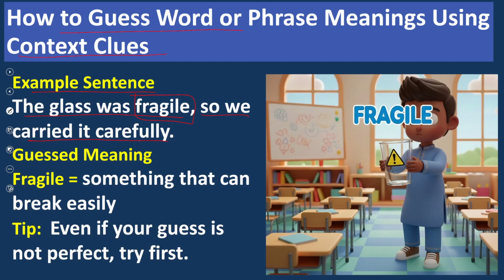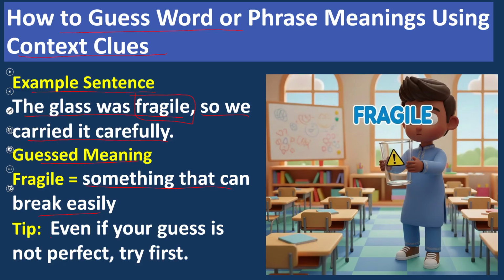Now, we will apply that process which we understood in the previous slide. Guess the meaning. Fragile means something that can break easily. That is called fragile. This is our guessed meaning. Now, try to understand the meaning by using contextual clues.